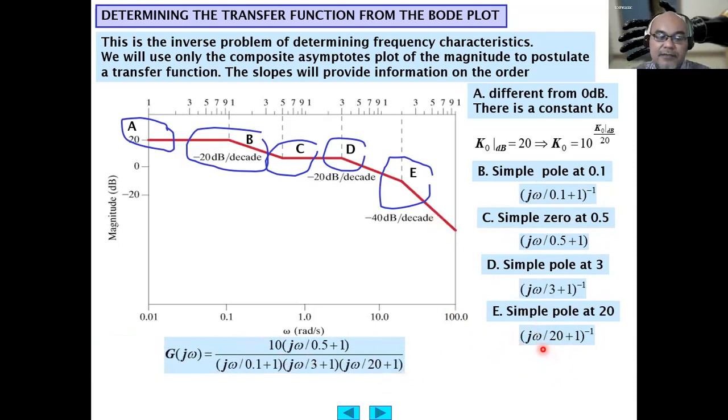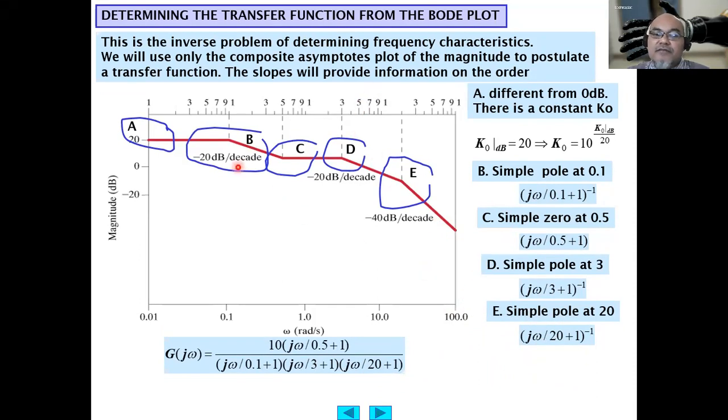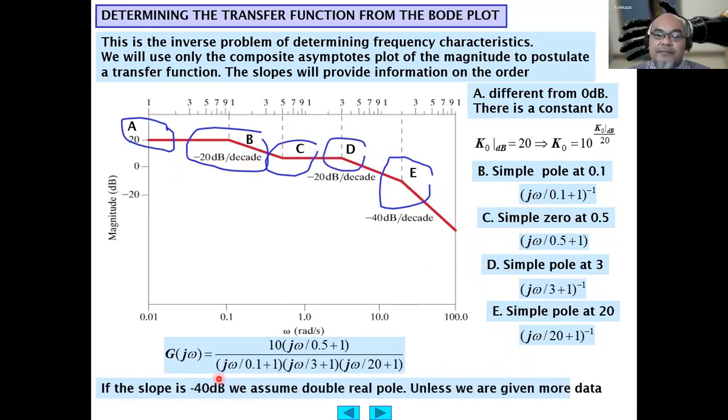That is the steps to estimate the poles and zeros of the transfer function based on the Bode plot. If the slope is minus 40 decibel per decade, we assume a double real pole unless we are given more data.